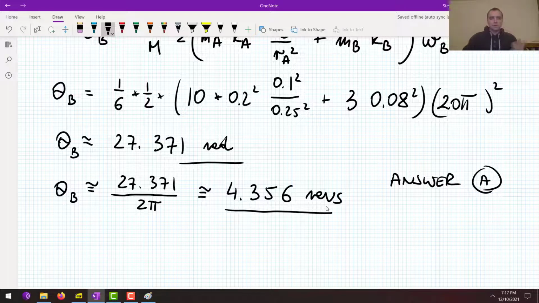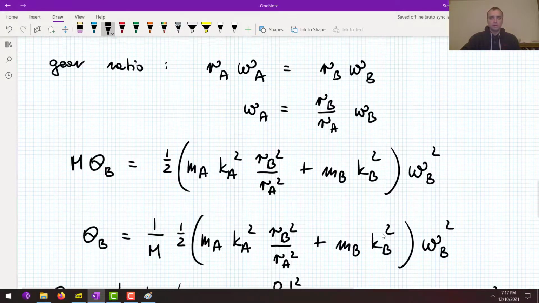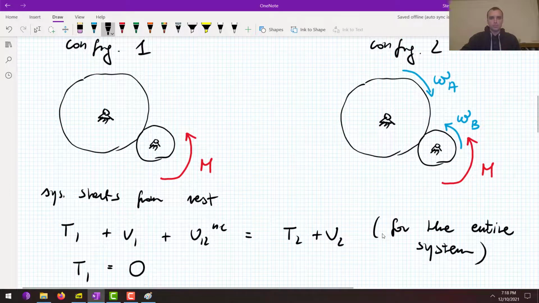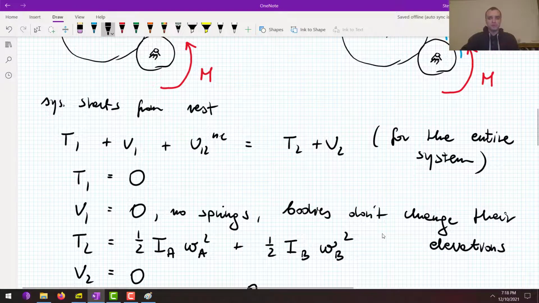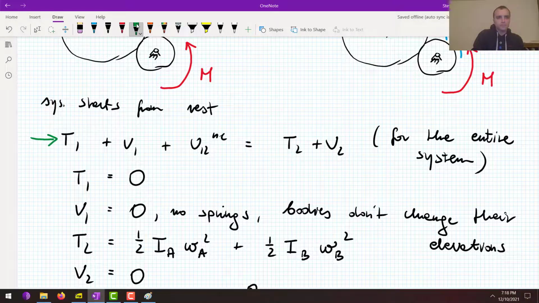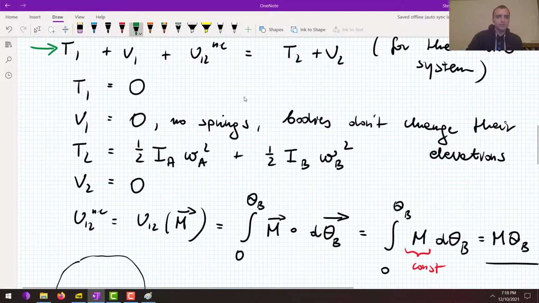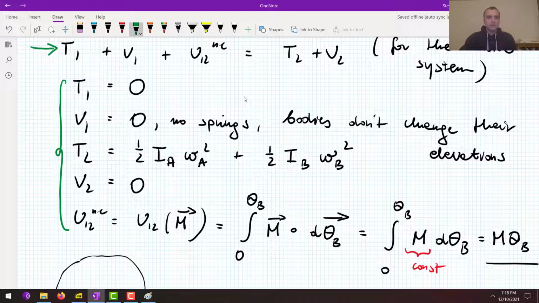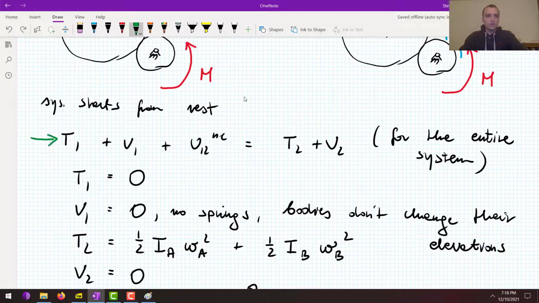Okay, I hope I explained it well, but it's not a big philosophy, right? If you allow me to scroll up the board, we just follow our recipe from the previous part of the semester. We just write down this expression, and then we just find these 5 terms using our new techniques for finding kinetic energy and potential energy.